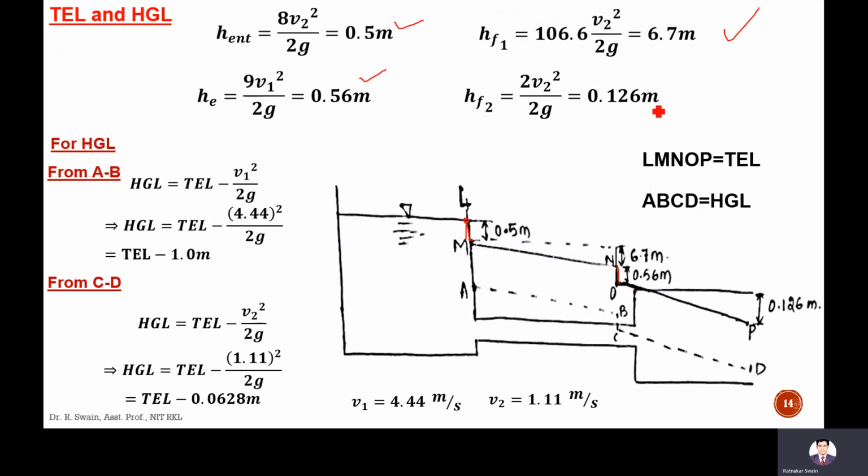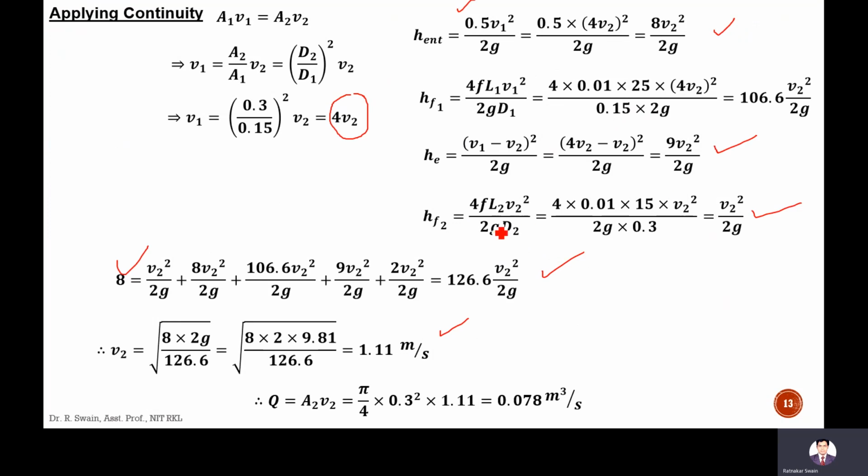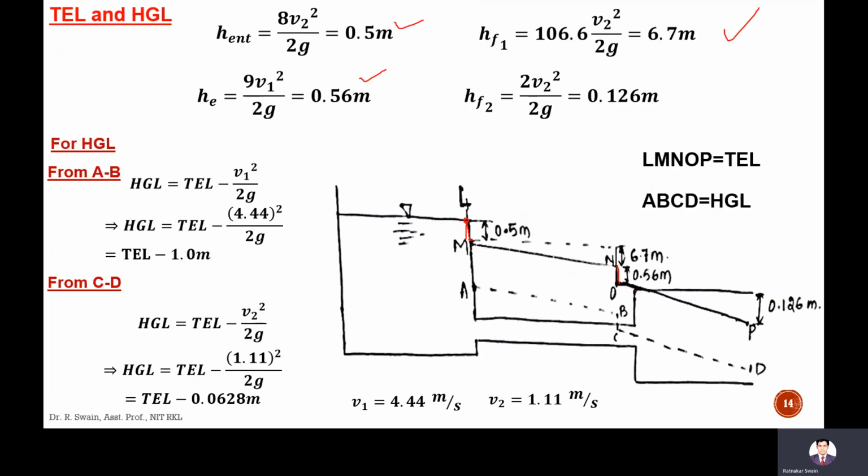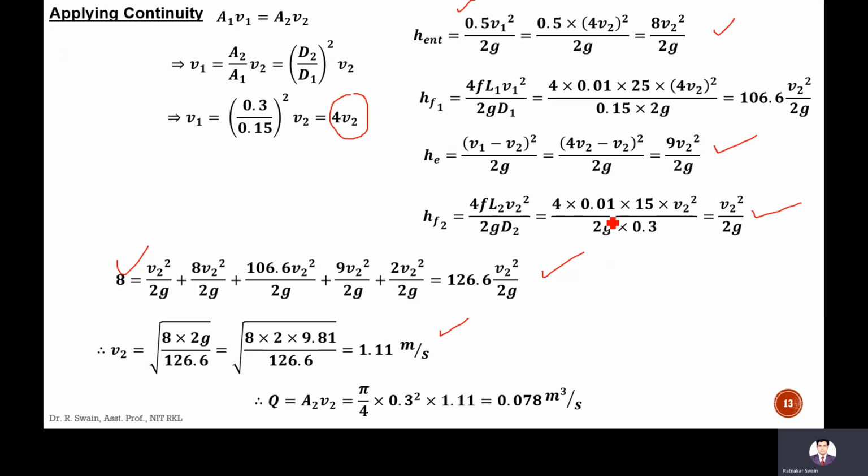Here there is one mistake: it should be V2 square by g, not V2 square by 2g.